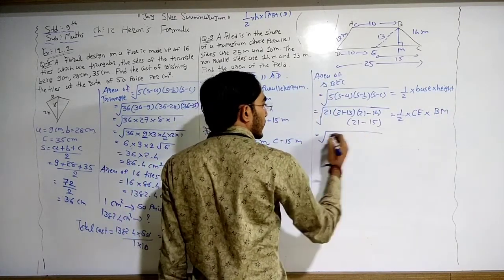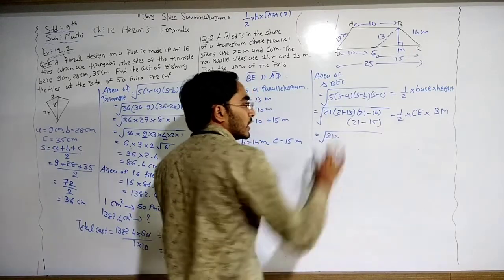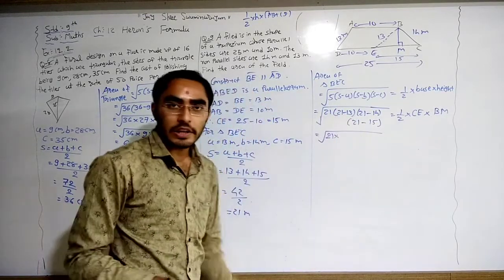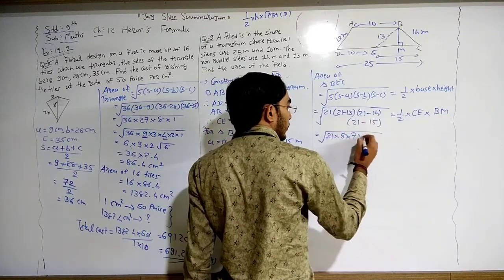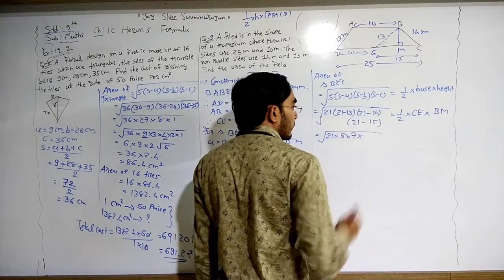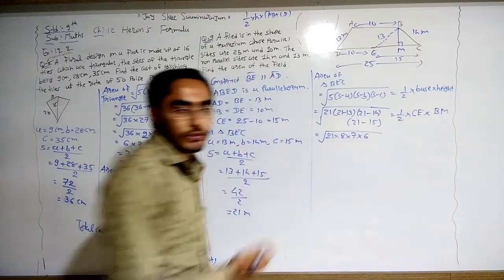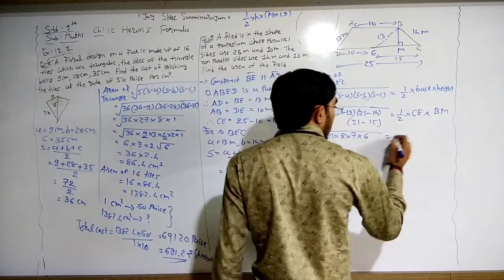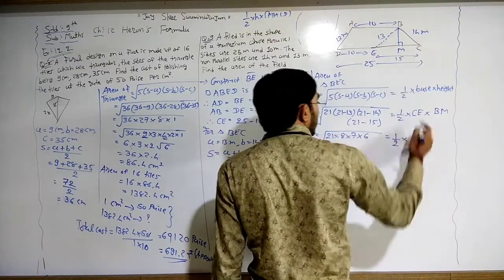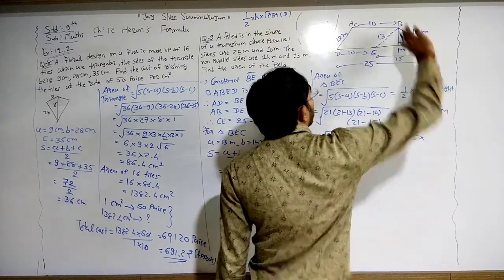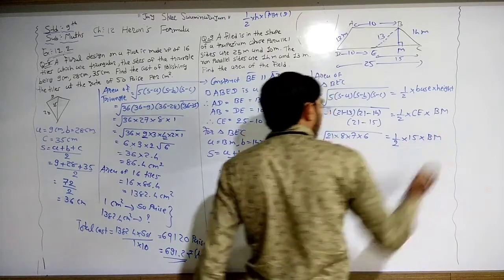Here 21 multiply 8, 7 and 6. Half into CE, that we know is 15, and BM we need to find, so as it is.